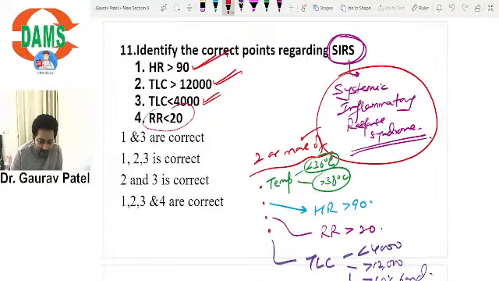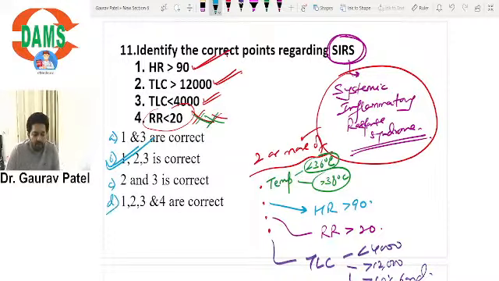It is not less than, it is more than 20, so this is the incorrect option. So 1, 2 and 3 are correct. Yes, very good, Karthik.